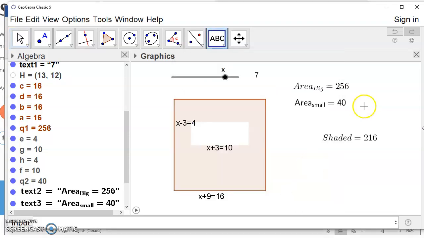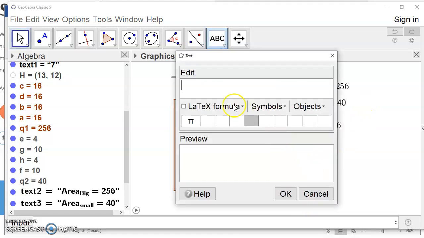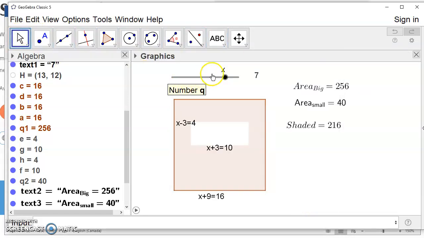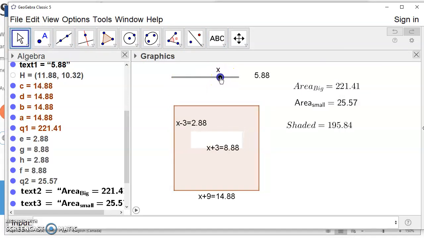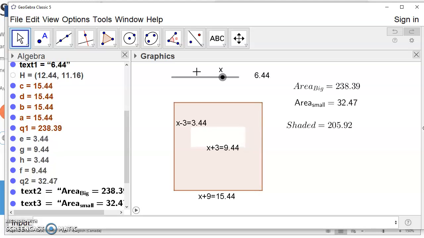Okay, so that's the shaded region, right? It's 216 here when we put in 7. And you can see if I put in 6 instead, the shaded region is 198. Anyway, let's leave it at 7 because that's what the question's asking us.